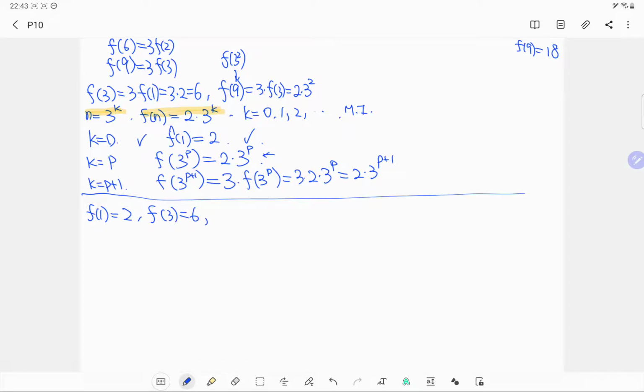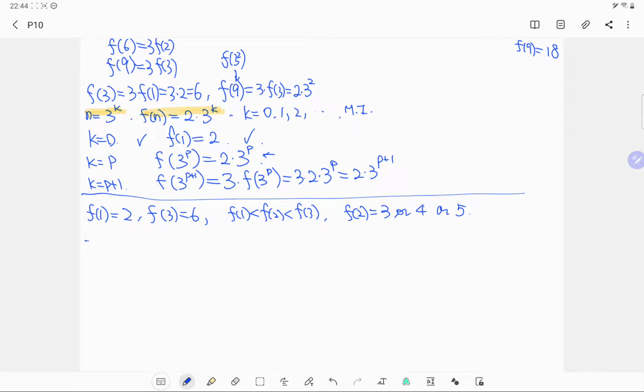So there are only 3 possibilities, and actually f is strictly increasing, which means that f of 1 is smaller than f of 2 is smaller than f of 3, which means that f of 2 equals 3 or 4 or 5.